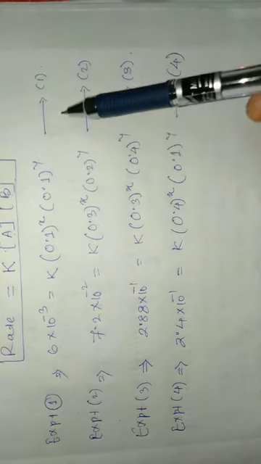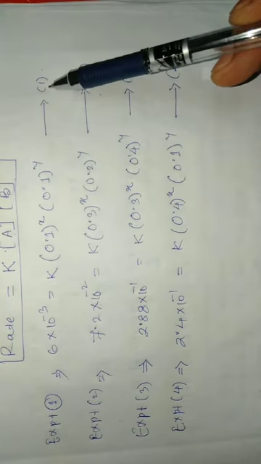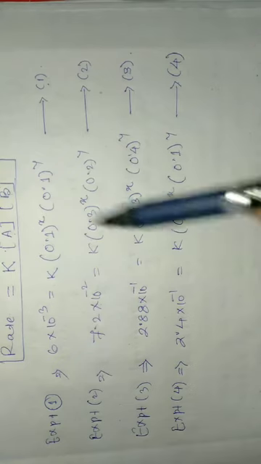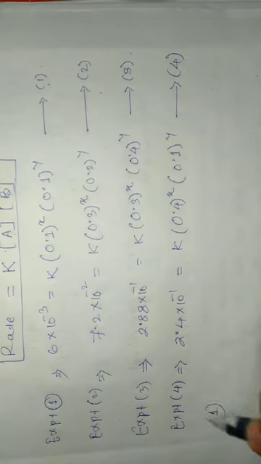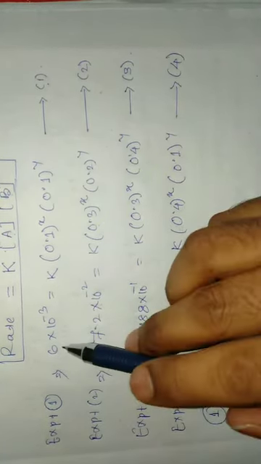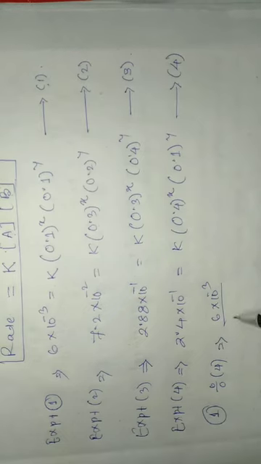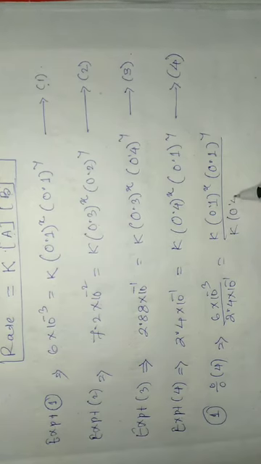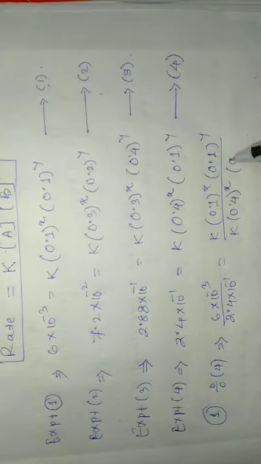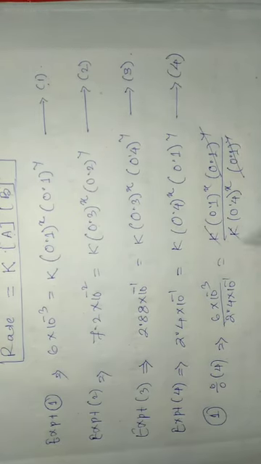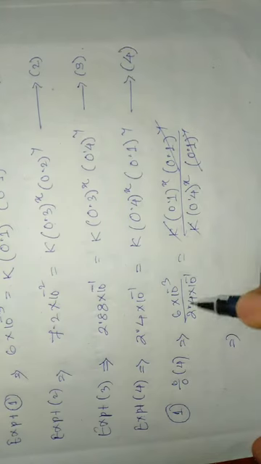Now if we divide equation 1 by equation 4, then Y will cancel and we will get the value of X. So dividing equation 1 by equation 4: in equation 1 the rate is 6 into 10 to the power minus 3, in equation 4 the rate is 2.4 into 10 to the power minus 1, K into concentration 0.1 to the power X, 0.1 to the power Y, and K into concentration 0.4 to the power X into 0.1 to the power Y. So these two cancel, then K also cancels.